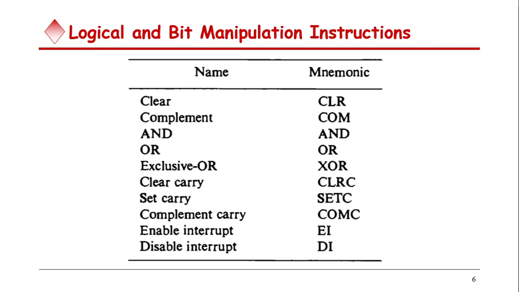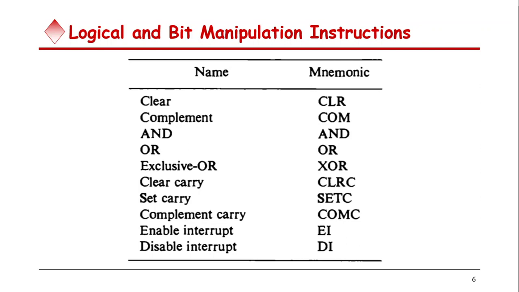The AND instruction is used to clear a bit or a selected group of bits. If you do the operation x AND 0, that will be equal to 0. Similarly, x AND 1 will be equal to x. That means a binary variable ANDed with 0 produces 0, but the binary variable does not change its value when ANDed with 1.